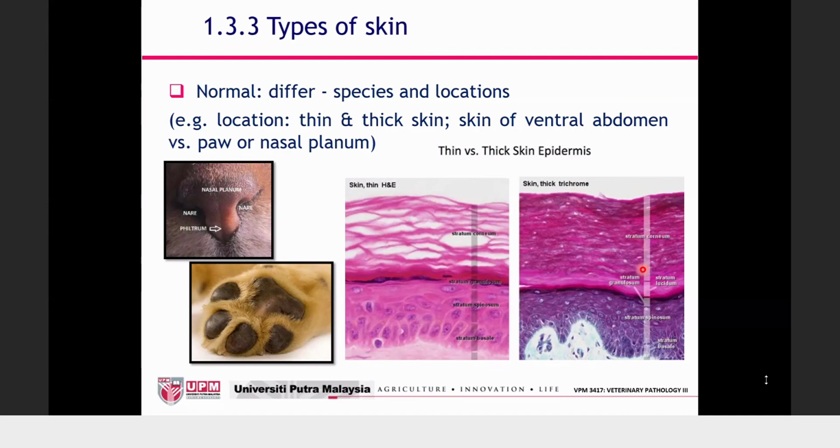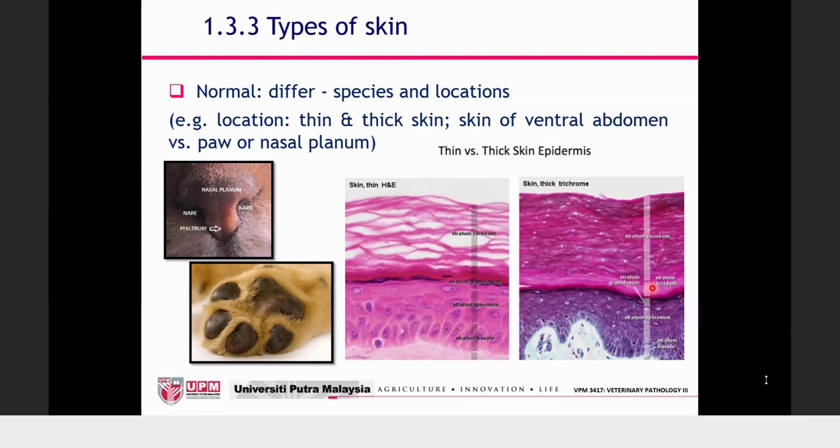And then remember I mentioned the special stratum. What was the name of the stratum just now? So stratum lucidum is only present in thick skin. So I hope you can appreciate here this lighter coloured layer, almost white or clear in colour. That is the stratum lucidum.